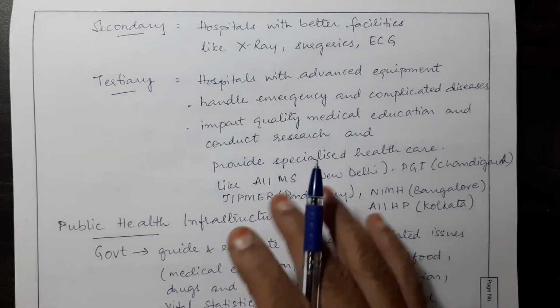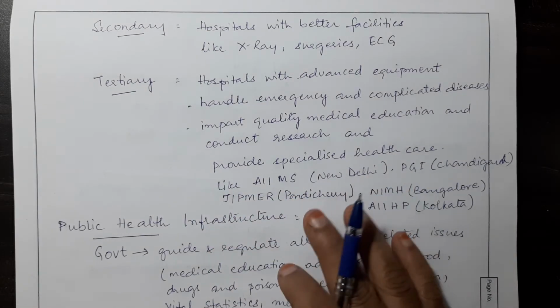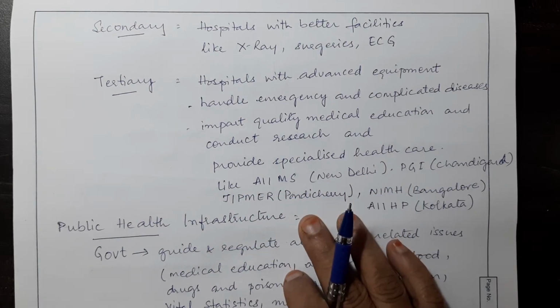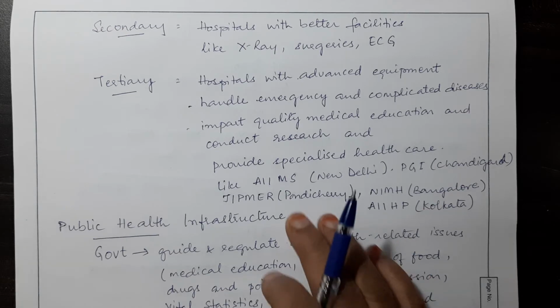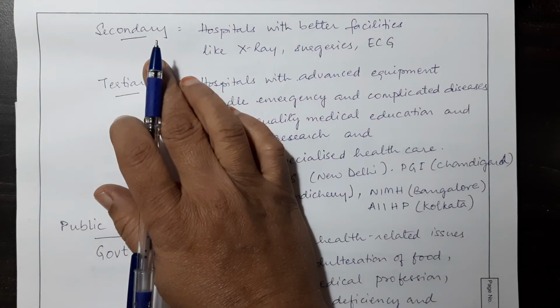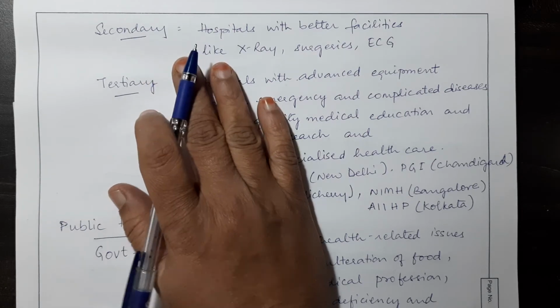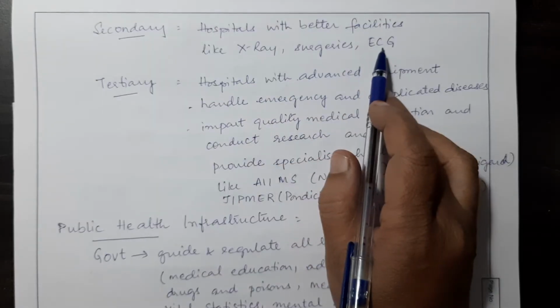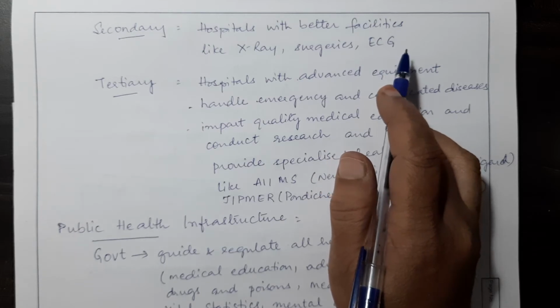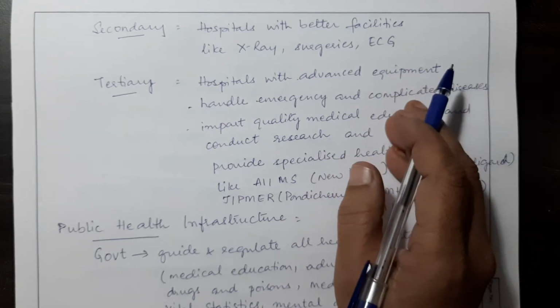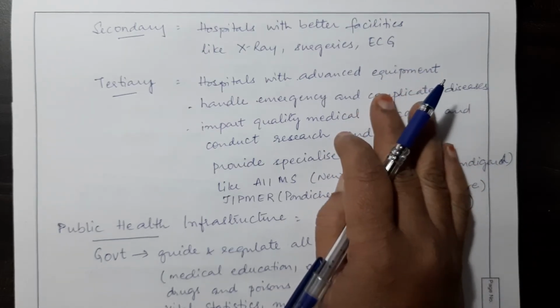When the health condition of a patient cannot be managed by the primary health centers, these people are referred to secondary health care, which include hospitals with better facilities, because primary health centers can only identify and control the prevailing health problems.